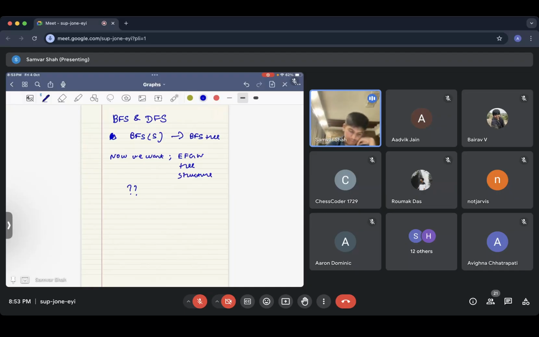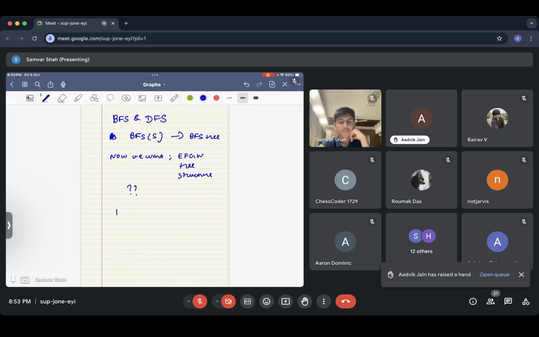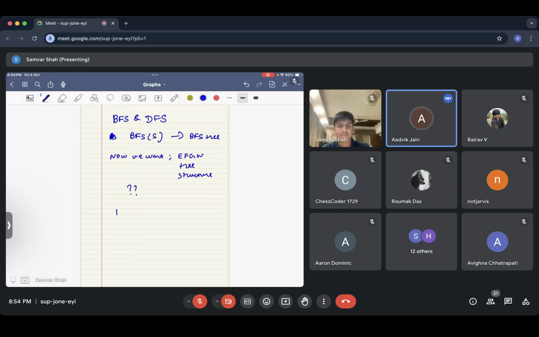Okay, so what we can do is just do another BFS. Yeah, go on. Sir, my idea was we start iterating over all the nodes. If any node is not marked as visited, we apply a BFS on it, and then we just move on to the next node. Perfect. I could not have said it better.